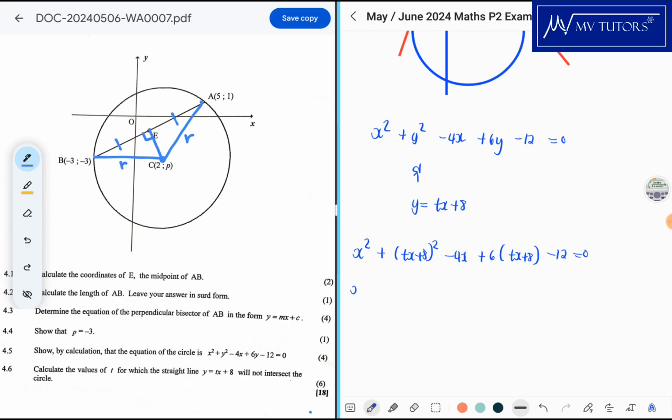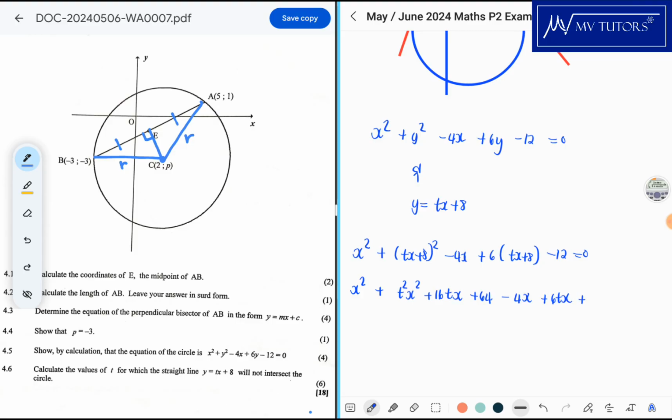Okay, so we're going to have x squared plus t squared x squared plus 16tx, plus 64. Then we have minus 4x, x not t, and then we have plus 6tx.